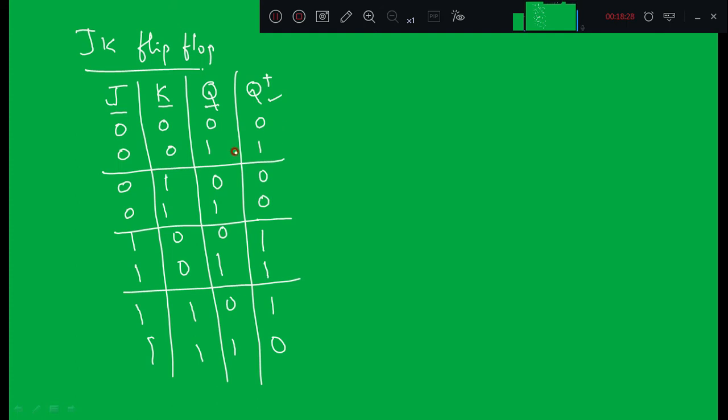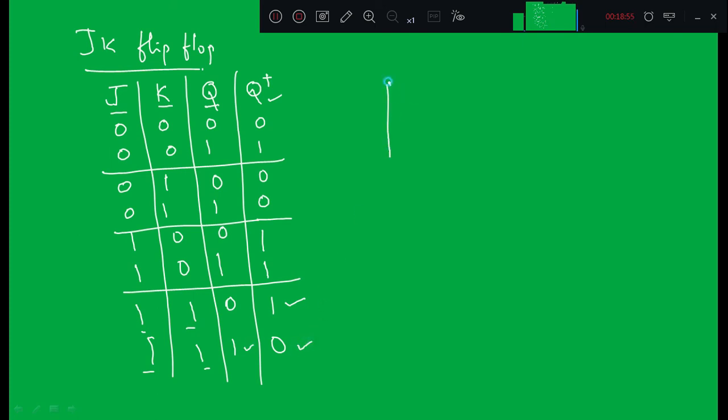If you compare the truth tables of SR and JK, for the first 6 combinations the output is the same, right? So in place of S I wrote J, in place of R I wrote K, right? Only for the last 2 combinations, the output will toggle. If my previous state is 0, after toggling the next state will be equal to 1, and if my previous state is 1, the next state will become 0, right?